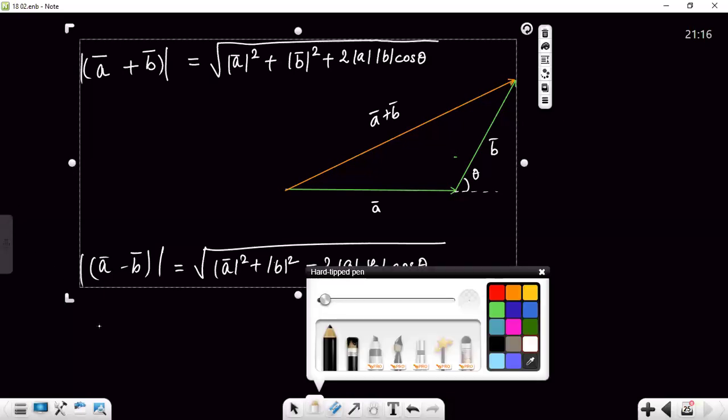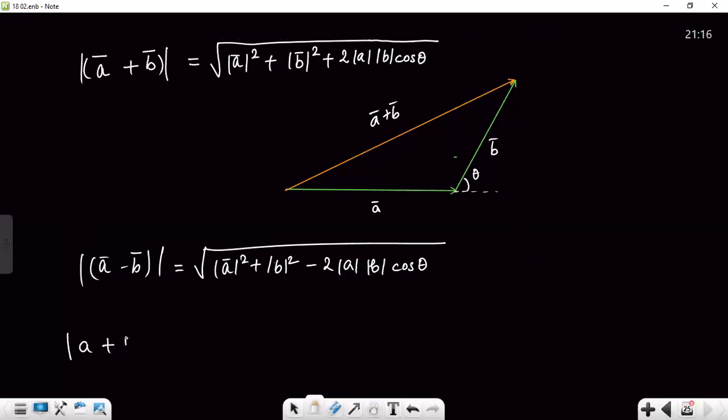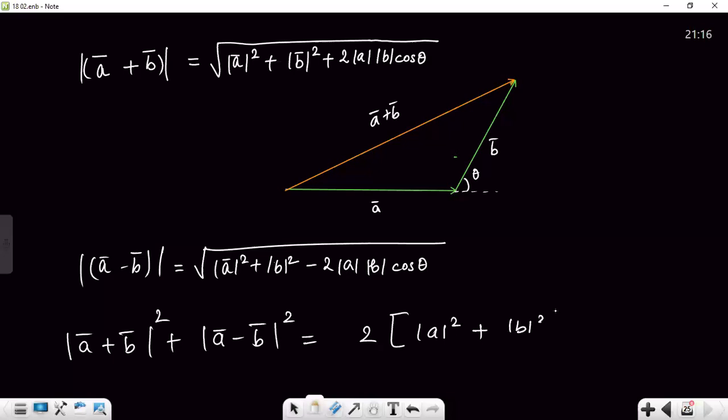If we add the magnitude of A plus B vector and the magnitude of A vector minus B vector, it will come out as their squares. It will come out as A square plus B square added, and this plus 2ab and minus 2ab term cancel each other. So it is twice the square of the magnitude of A plus the square of the magnitude of B. This is self-explanatory.